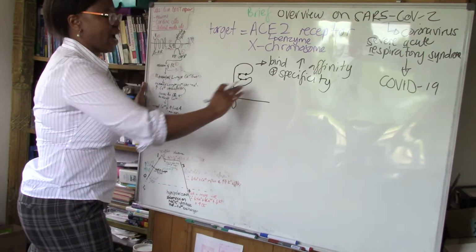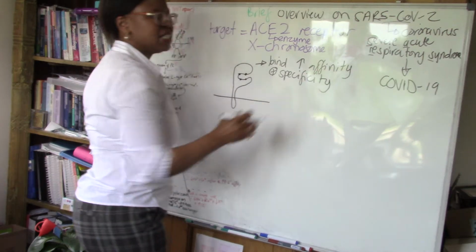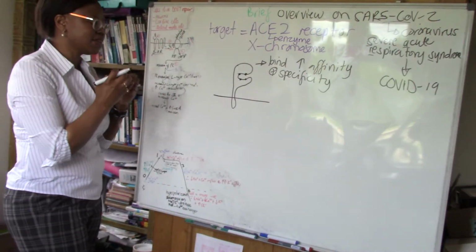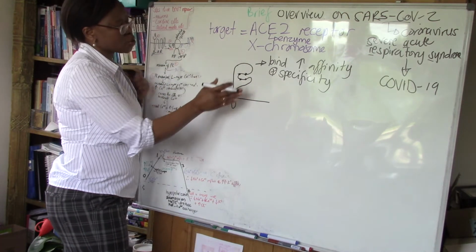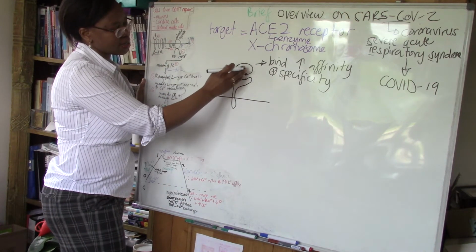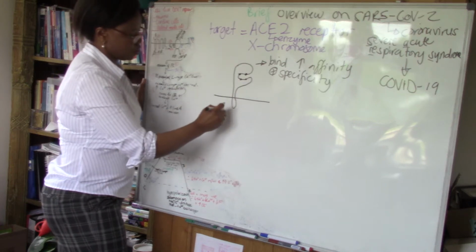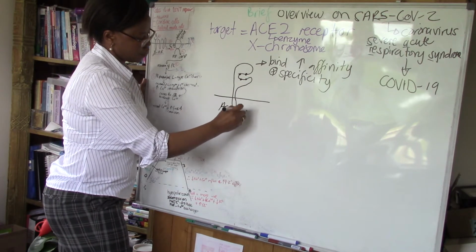And obviously, if it's binding with a high affinity, it means that it's binding incredibly successfully, which is a new thing that hasn't been seen before. So it binds incredibly successfully to the ACE2 receptor.